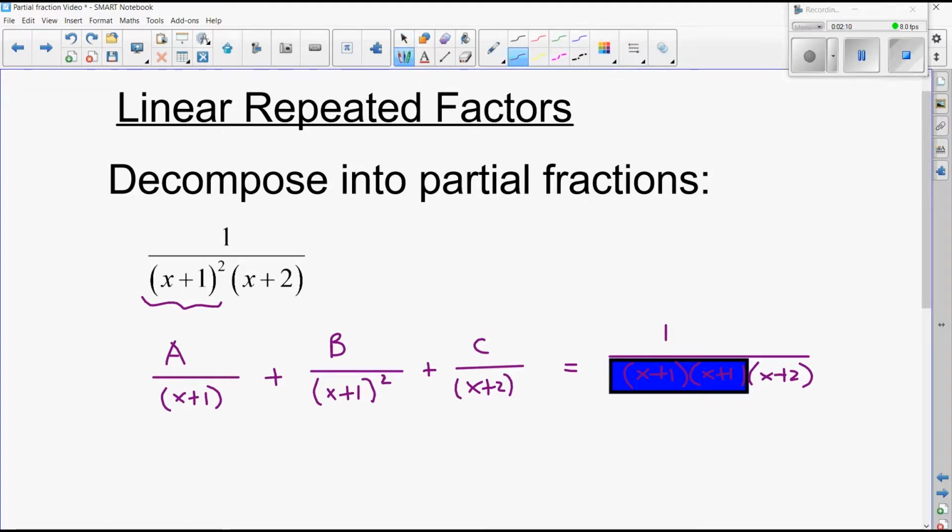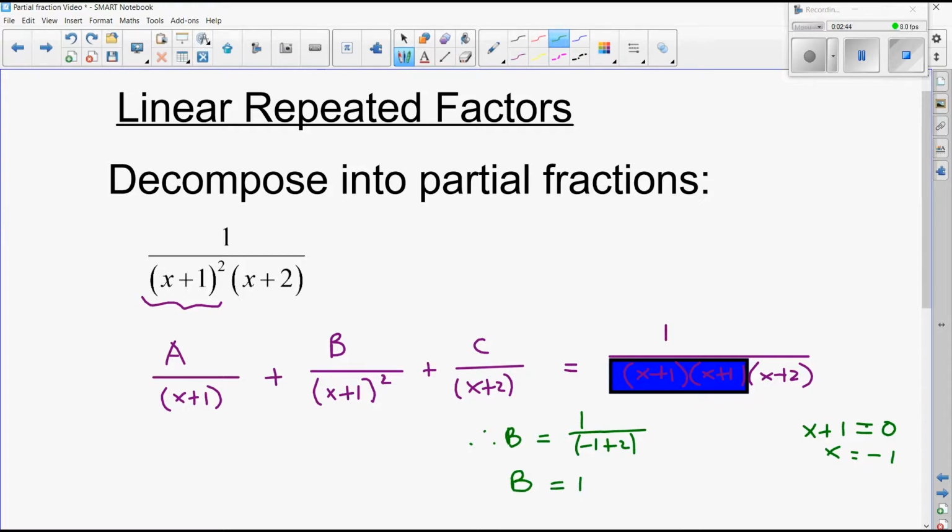I know that if my denominator is x plus 1, then I solve for x equals negative 1. So I'm going to substitute x equals negative 1 into the right-hand side fraction, and that will give me the value of b. So b is going to be 1 over minus 1 plus 2, and that gives me 1 over 1. So the value of b is 1.